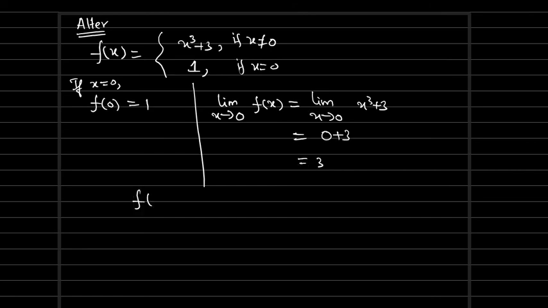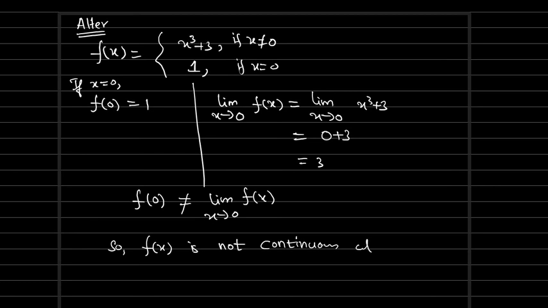So if you notice here, f of 0 is not equal to the limit as x approaches 0 of f of x. This value does not coincide, so f of x is not continuous at x equal to 0.